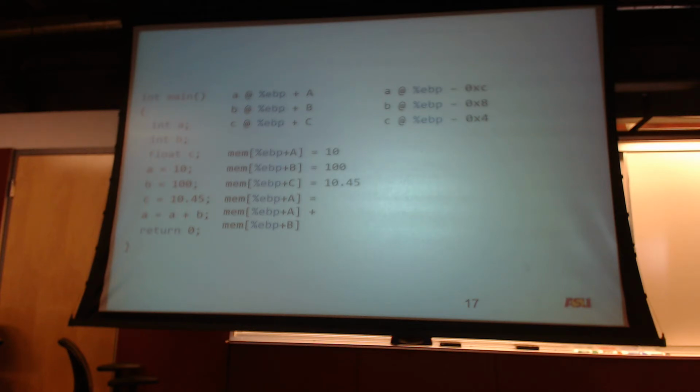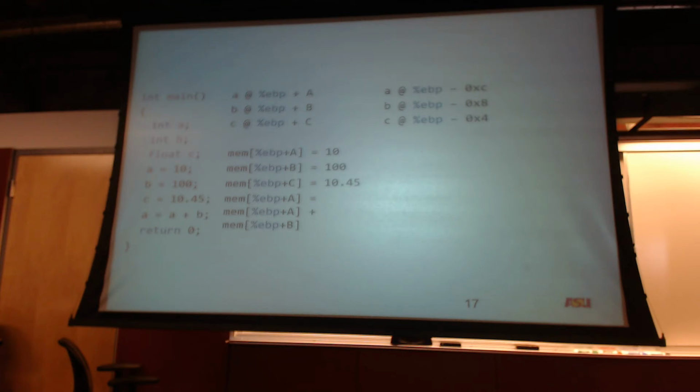Now what we are doing is EBP minus C, which means how many? 3 times. So this is minus 4, this is minus 8, this is minus C. So this location is put for A. Then we do EBP minus 8. EBP remains the same.